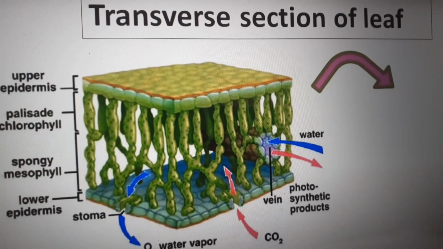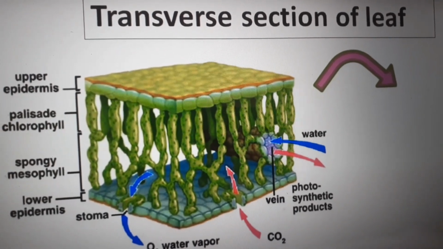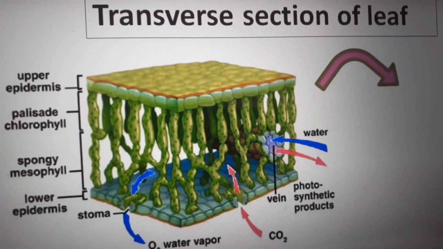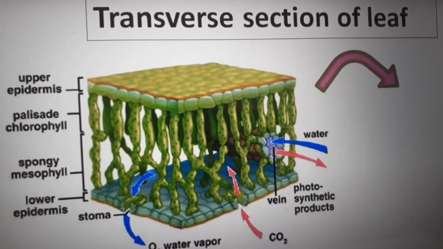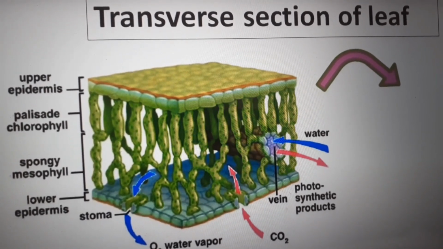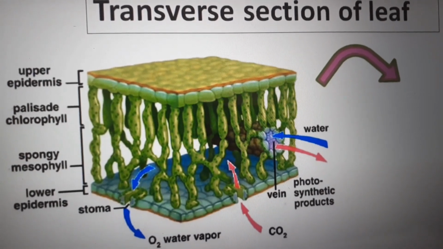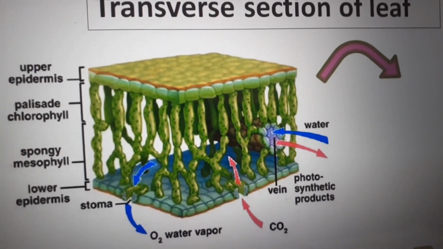The majority of the photosynthetic activity in plants is done in the leaf. When we cut and open a transverse section of the leaf, the picture looks like this.